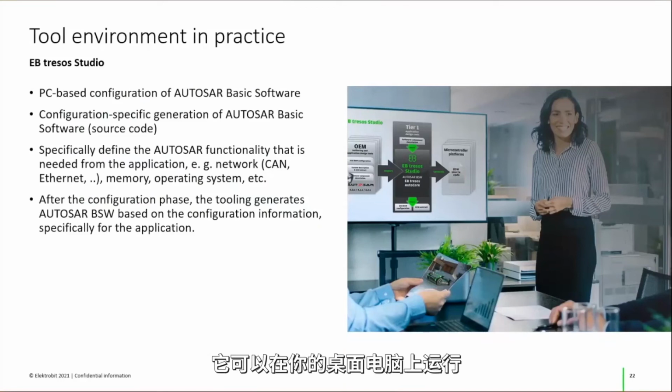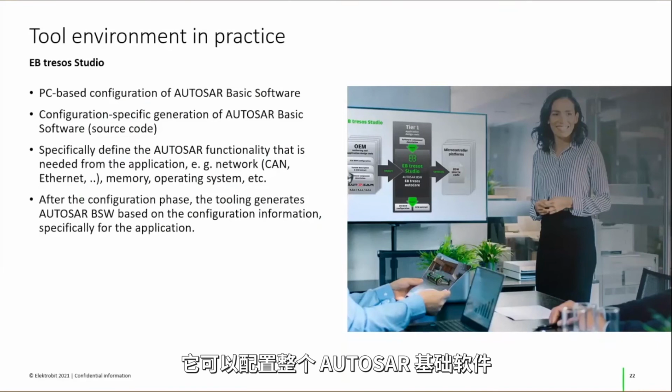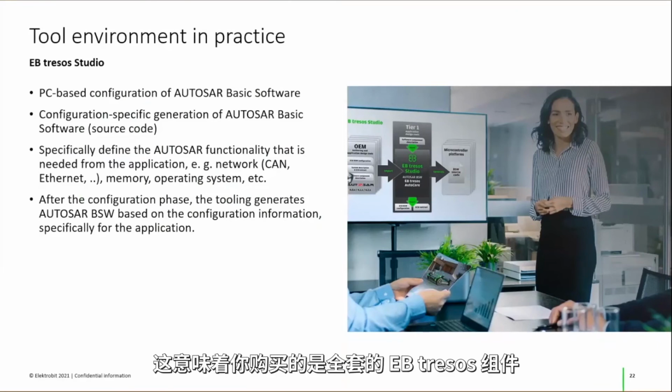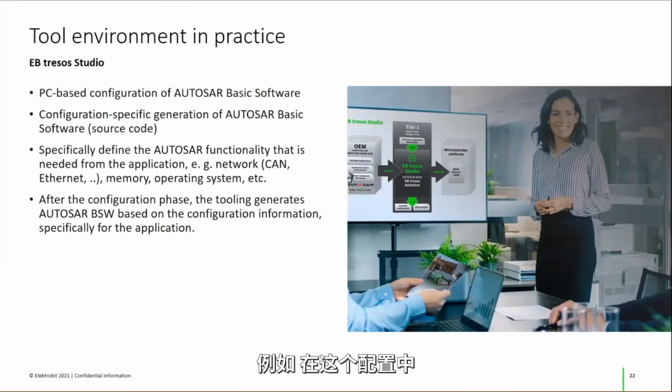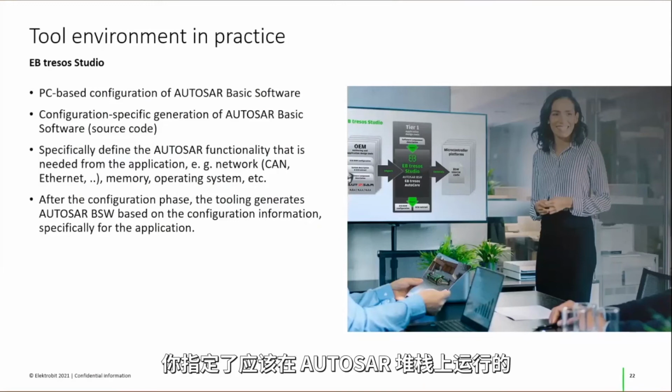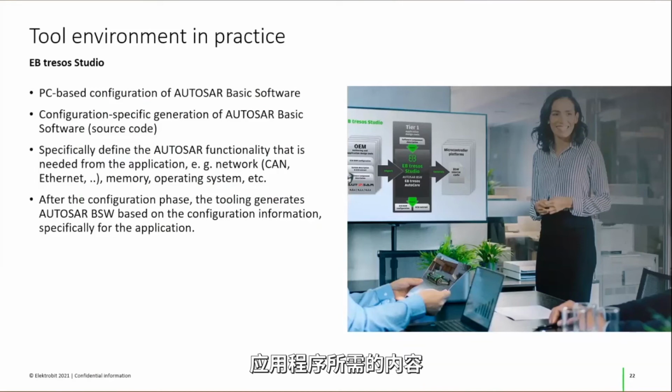It is running on your desktop computer, where you configure the whole AUTOSAR basic software. So this means the whole EB tresos components that you purchased. And within that configuration you specify what is necessary for the application that is supposed to be running on top of this AUTOSAR stack.